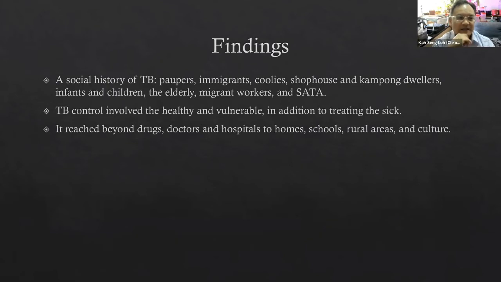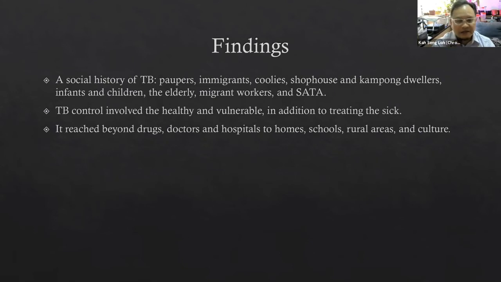I said earlier that there's a people's history, there's a social history of TB. So there are lots of different subgroups that we can look at in the history of TB, from the paupers in the beginning, immigrants, especially coolie immigrants, working class immigrants from China, people who live in the kampongs and shophouses. We also look at certain demographic groups. Infants and children became very important after the war.